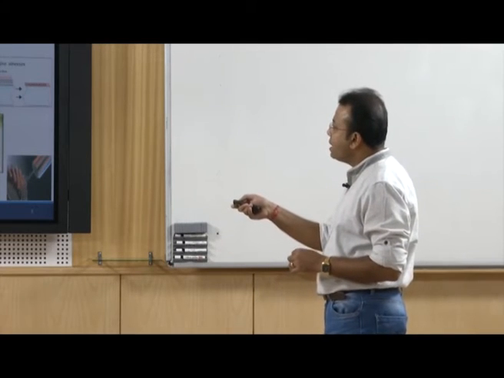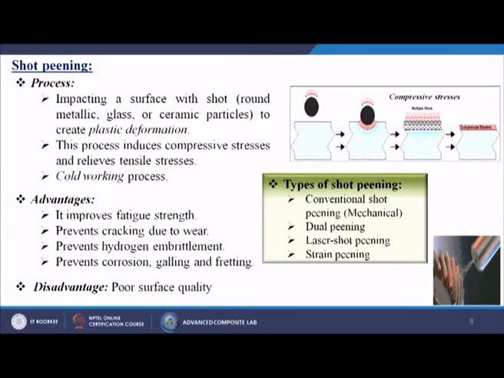So, impacting a surface with short round metallic, glass or ceramic particles, this is the figure of those particles or balls, creates plastic deformation on the material surface. The process induces compressive stresses and relieves tensile stress. It is a cold working process, generally done at room temperature; we are not going to use any heating arrangement.